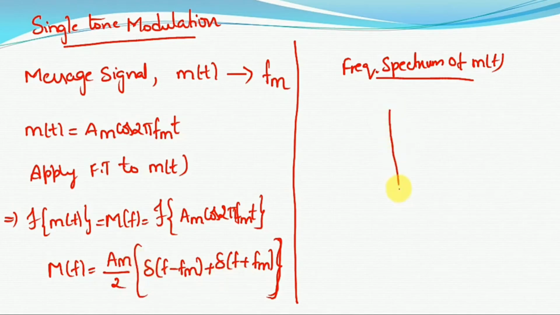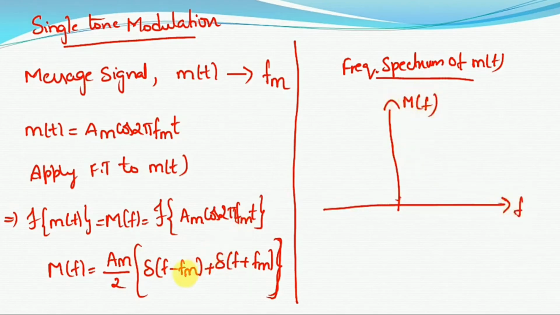If I draw the frequency spectrum graph, the axes are f and M of f. The first term is an impulse signal shifted by frequency fm, so this is fm and its amplitude is Am by 2.